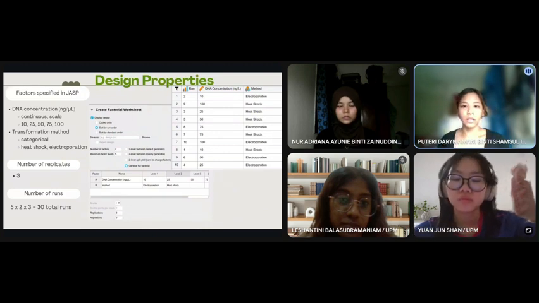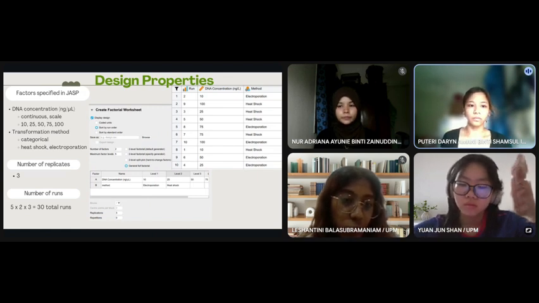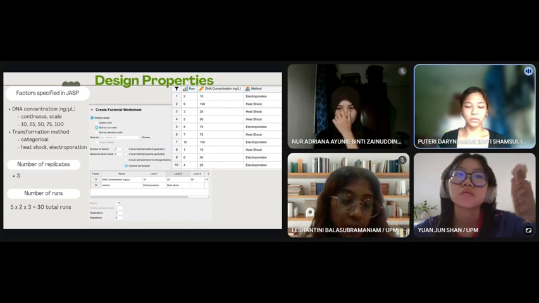Then this is our design properties. So these are the factors specified in JASP. We have 5 levels of our first factor, which is our DNA concentration. It is a continuous variable, and we used a scale of 10, 25, 50, 75, and 100 nanograms per microliter.